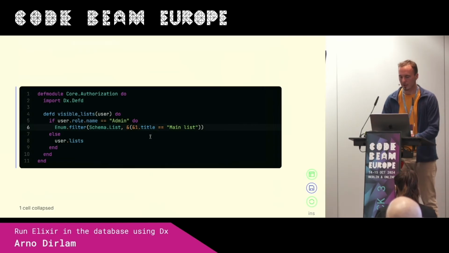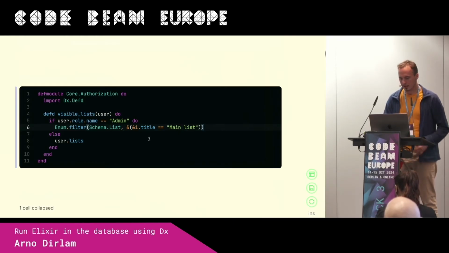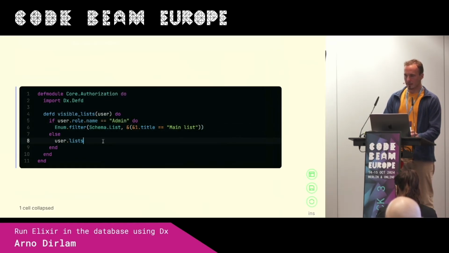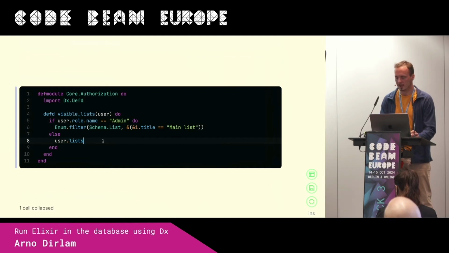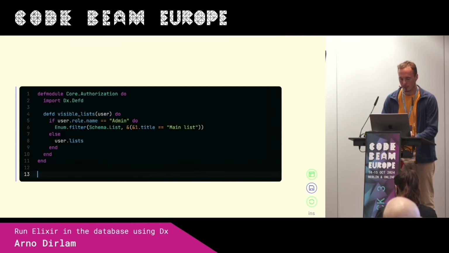This is basically when you want to load additional data. Let's say admins can only view main lists, and if it's not an admin, then a user can see their own lists. And now we run this.